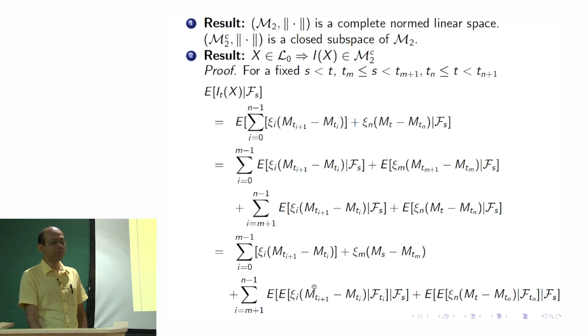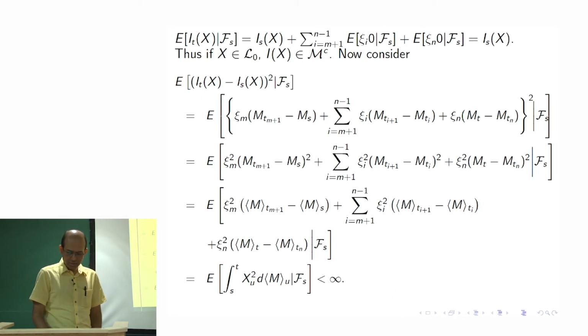Using the martingale property of M, the conditional expectation of M_{t_{i+1}} given F_{t_i} is M_{t_i}, and then this subtraction of M_{t_i} is there, so I am going to get 0 here. For the same reason, I also get xi_n outside of the expectation, and 0 here. So, in the next slide I write down this thing.